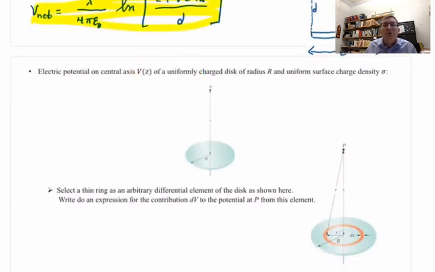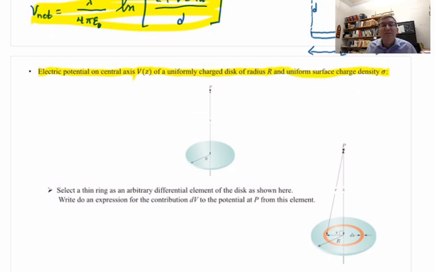How about a charged disk? A uniformly charged disk, right? For more practice. We now want to find the electric potential on the central axis. It's going to be V as a function of z, of a uniformly charged disk of radius big R and uniform surface charge density sigma. So there's the picture.